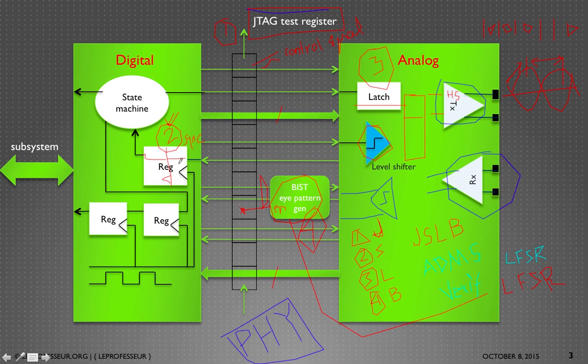Second thing is that you must synchronize the signals which are coming out from the analog part going to the digital part before using them. Third thing is the analog designers should latch up the signals, or they should level shift those signals depending upon the complexity of their design. Fourth thing is the BIST eye pattern generation. So that is important for testing the high speed transceivers.